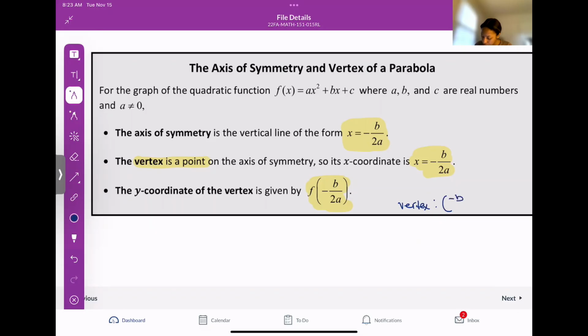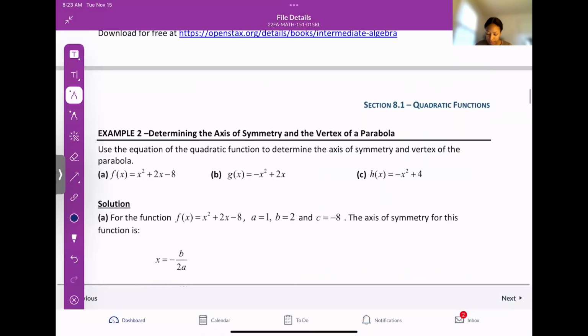Whatever negative b over 2a is, that's your x coordinate, and then plug that back into your function to get your y coordinate. Negative b over 2a comma f of negative b over 2a. So being able to find this negative b over 2a is very important because it gives us two big things. It helps us with our axis of symmetry, and it gives us the x coordinate of our vertex. All right, let's use that in our next example.